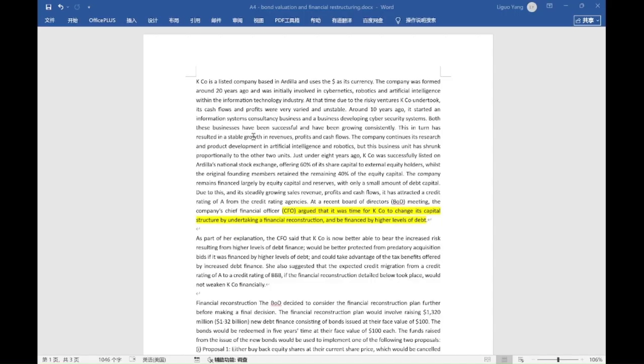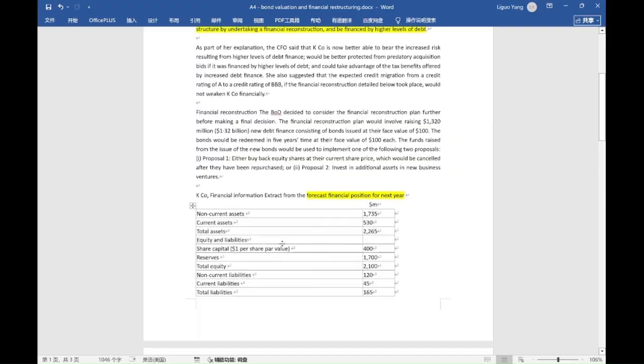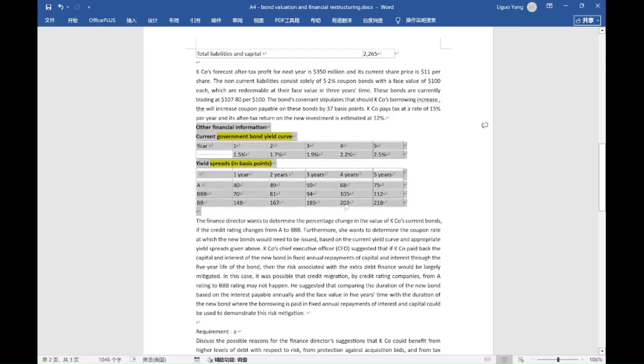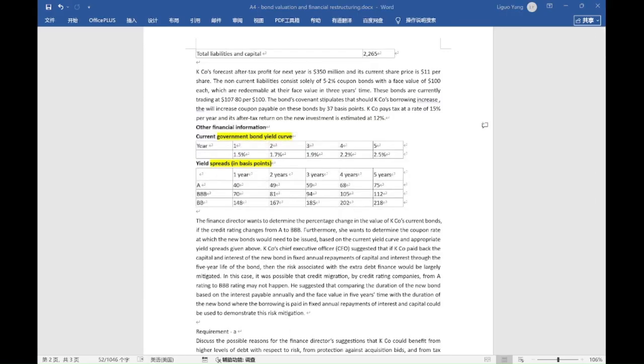Given the financial information of the government bond, the yield curve, and the yield spreads, which are as shown in the context, let's input them into the spreadsheet.